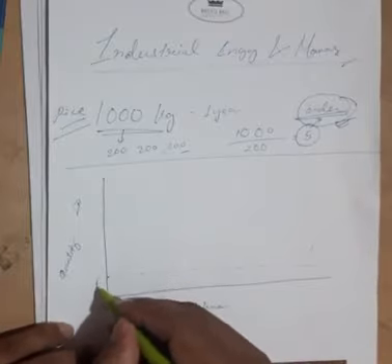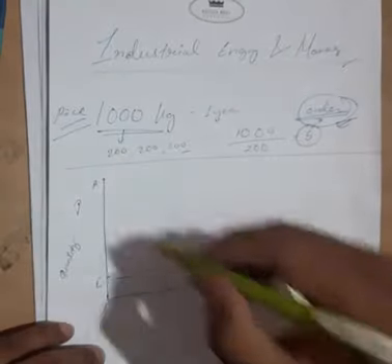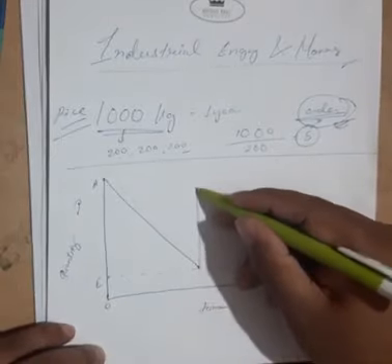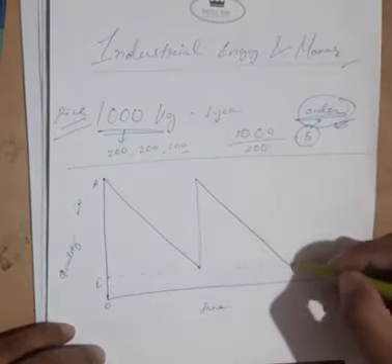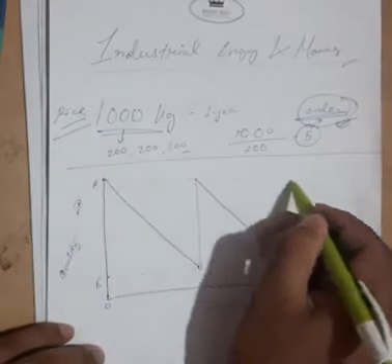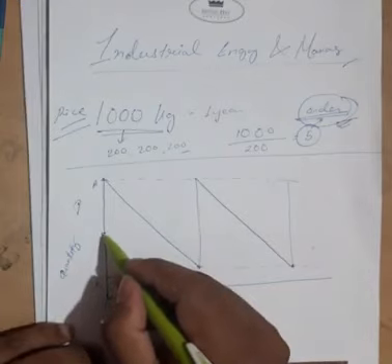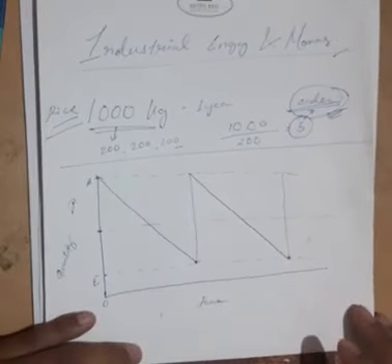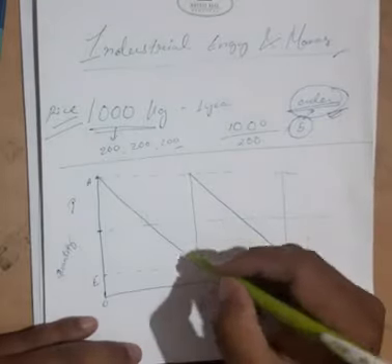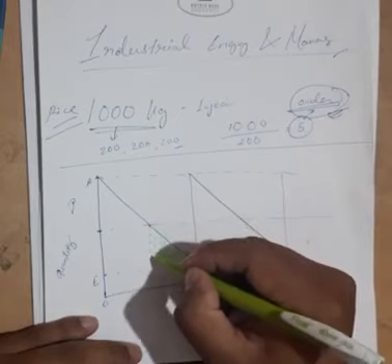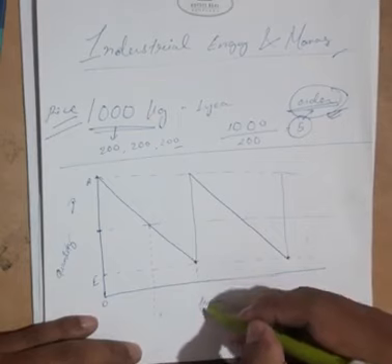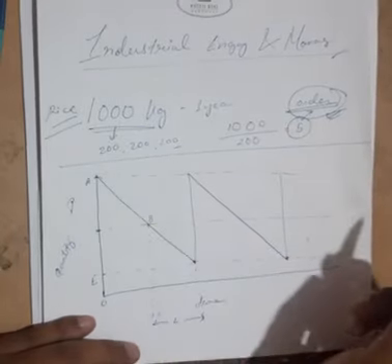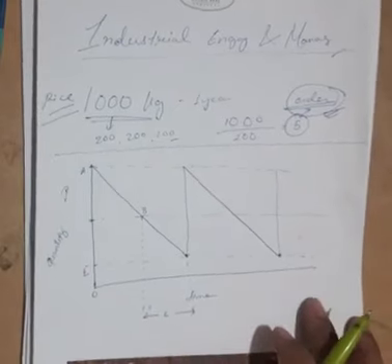Suppose it is O, E and it is A. Suppose a regular interval is D. I am going to explain exactly what it is. First, you simply see the graph.